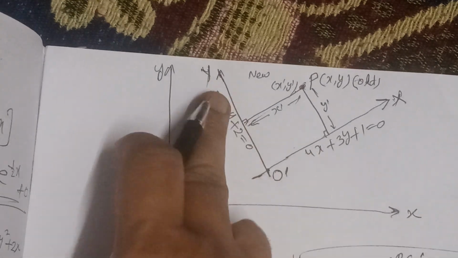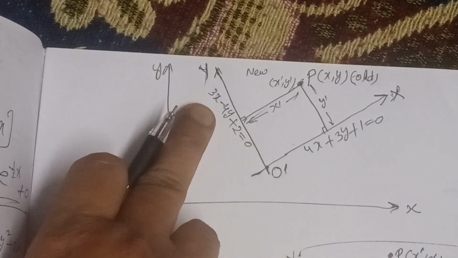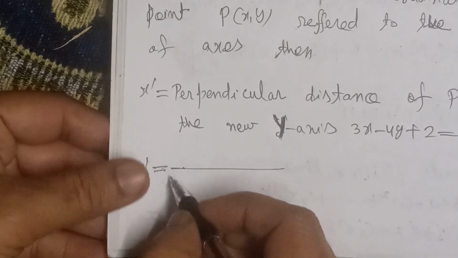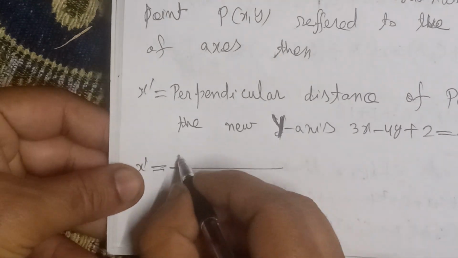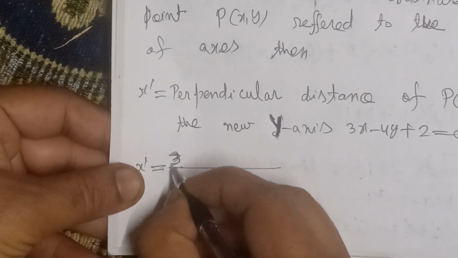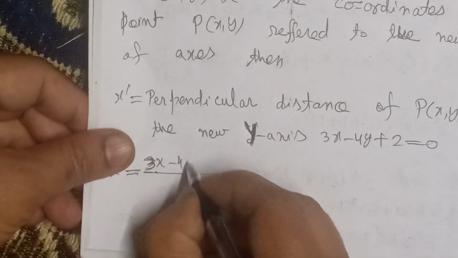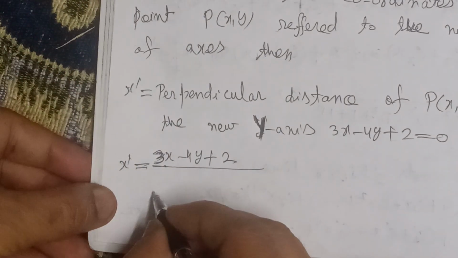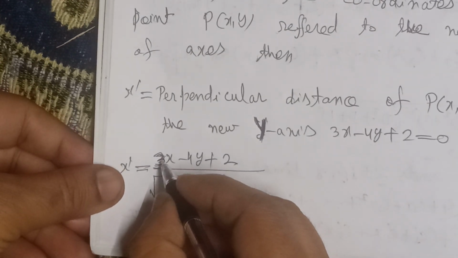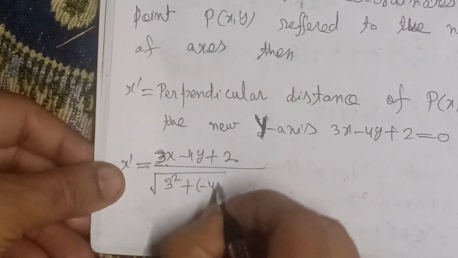This line equation is in new coordinate system y axis, which is given by this equation. So x dash is perpendicular distance. We can find as, I write x in place of x, so there is no change, so only we have to divide with square root of coefficient of x is 3 whole square plus coefficient of y minus 4 square.